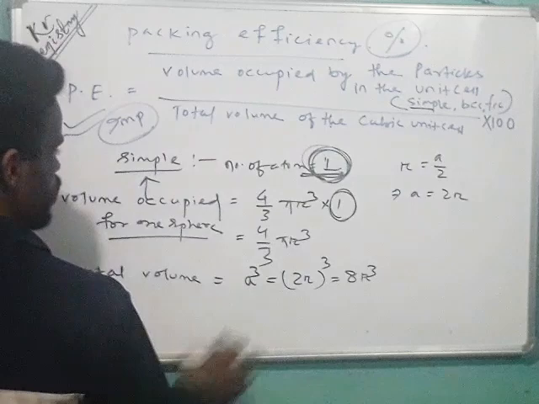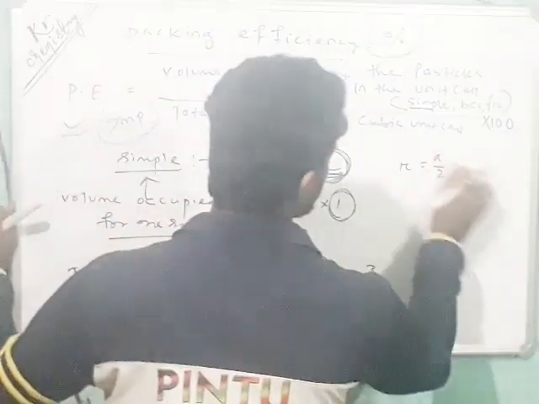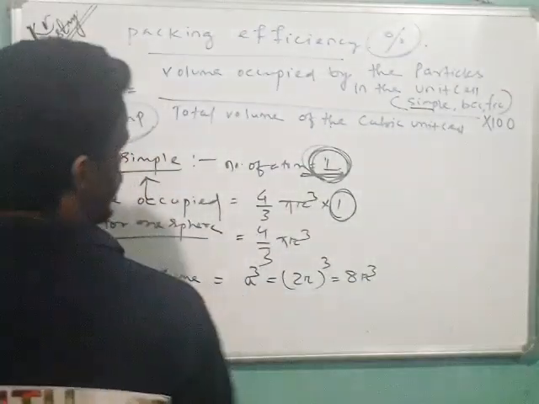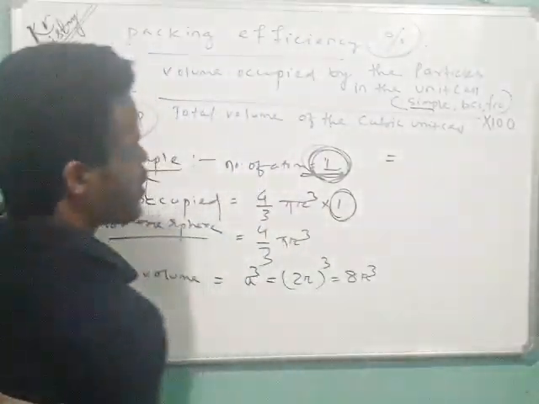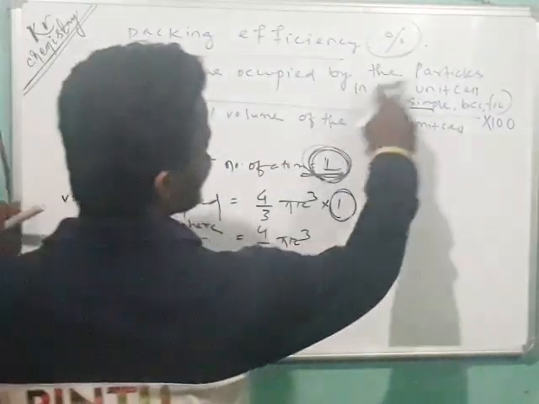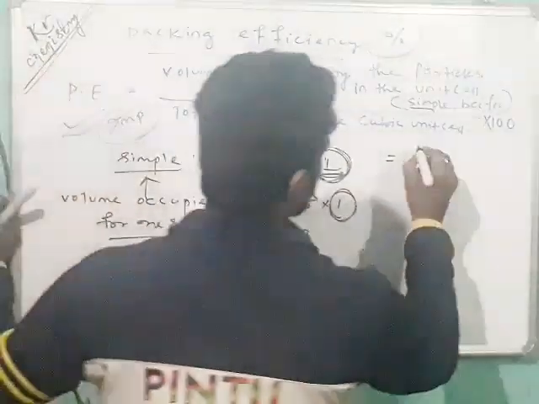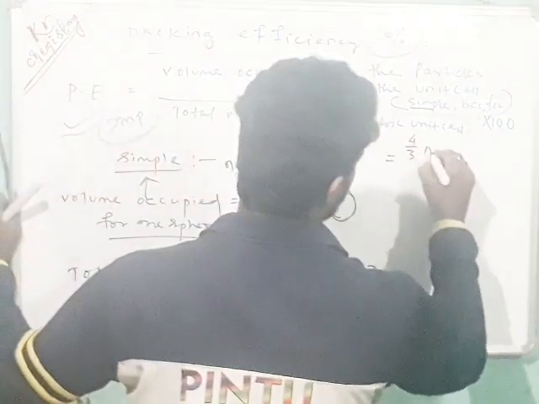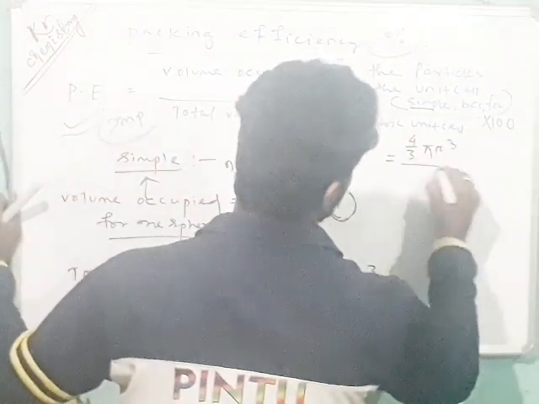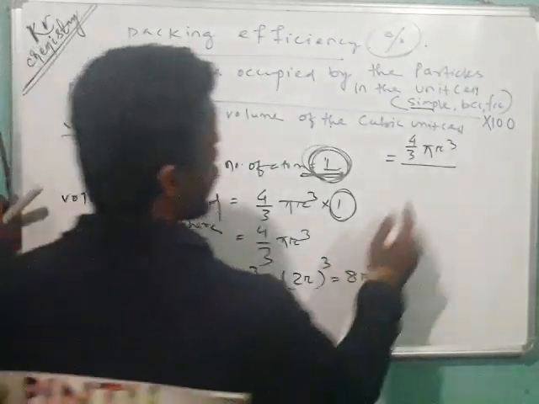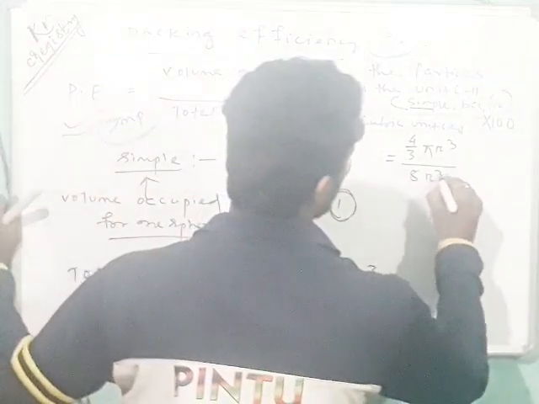So put these two values in this equation: packing efficiency is equal to the volume occupied by one sphere, that is 4 by 3 pi r cube, divided by 8 r cube, into 100.